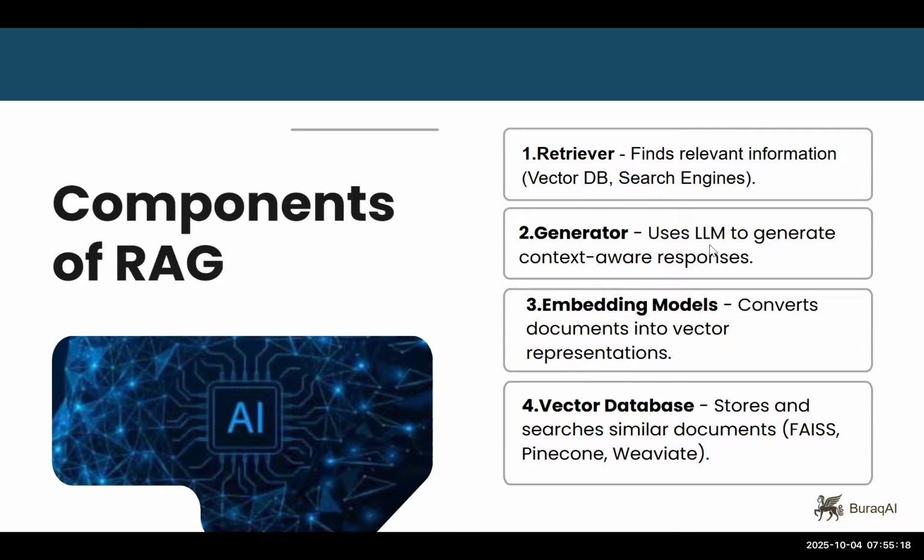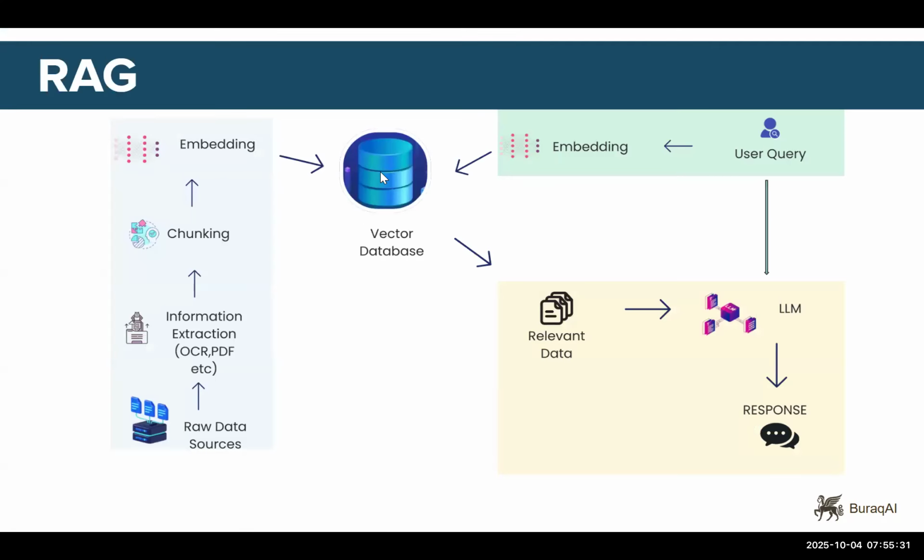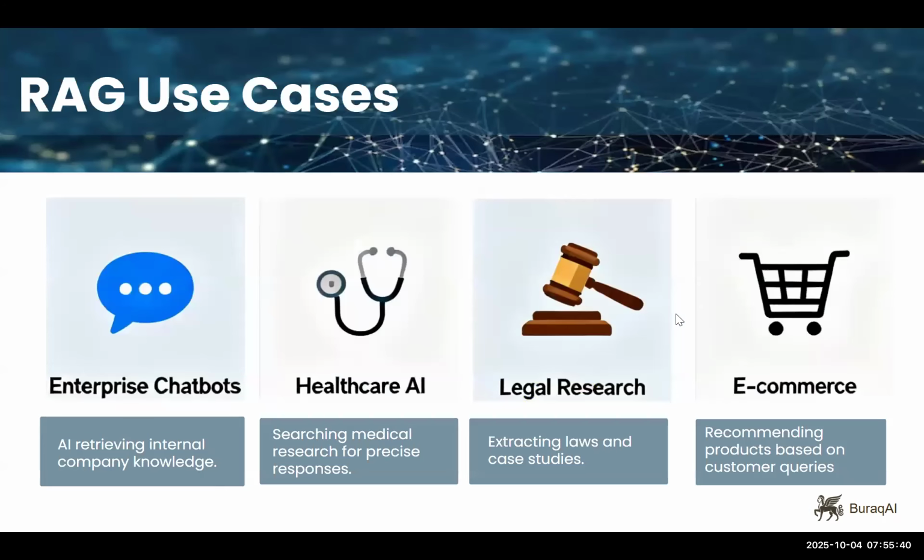Generator is your LLM. Embedding models convert documents into vector representations, and the vector database stores and searches similar documents. So these are the basic components: vector database, embedding model, retriever to search and get information, and LLM to do the answer.